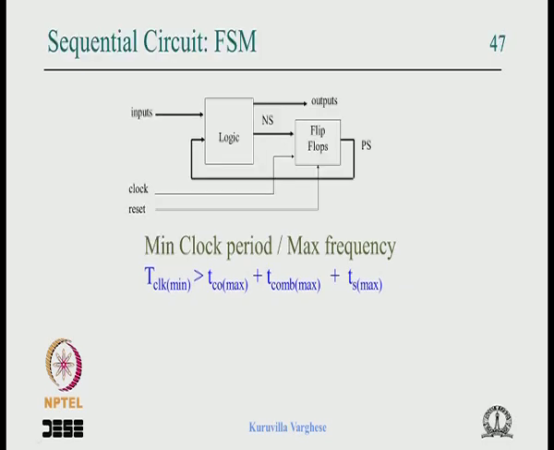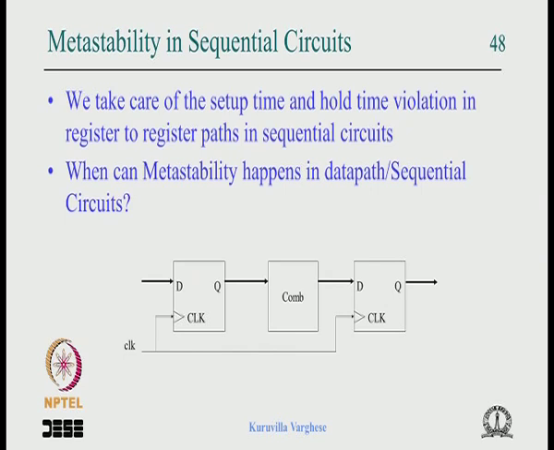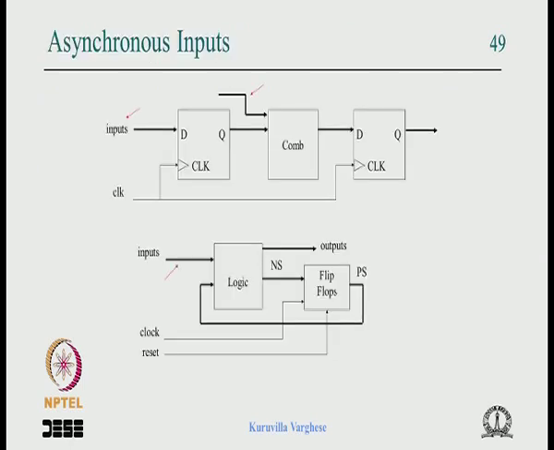So in a data path we do the maximum frequency analysis and hold time violation analysis. Similarly in an FSM we do both. Then the question is when metastability can happen in this circuit, and we said yes, there could be inputs coming directly to this combinational circuit in a data path. There could be inputs coming to the first stage of the data path, and this continues with registers, combinational circuit, registers, combinational circuit, and so on.